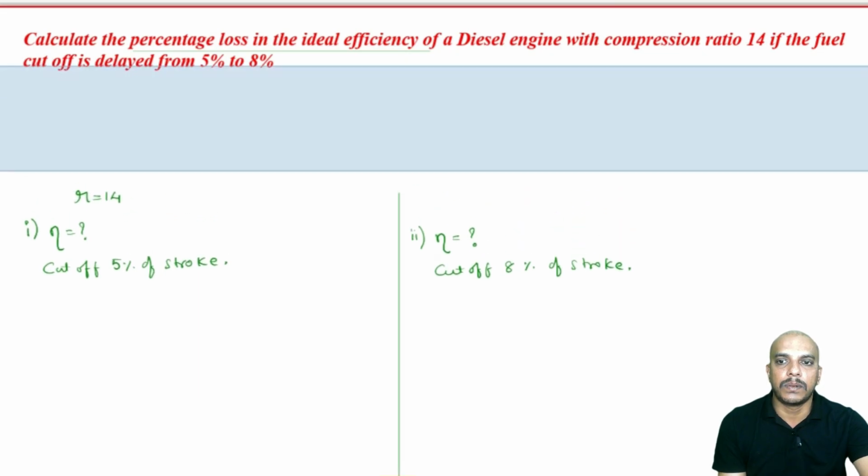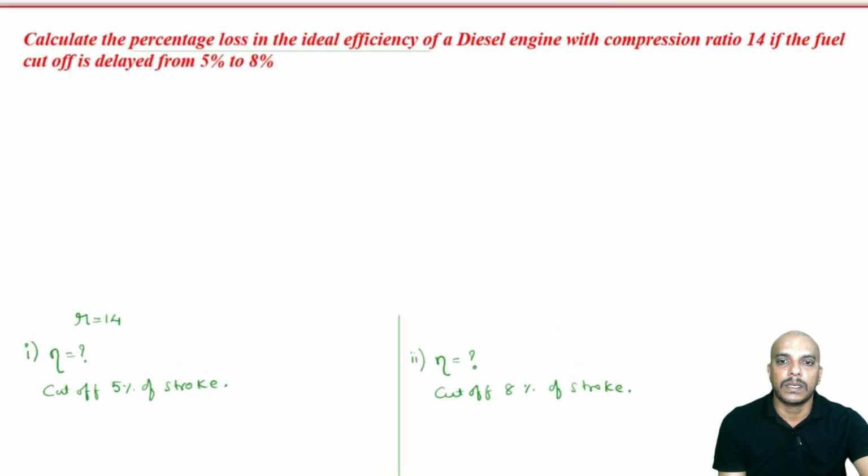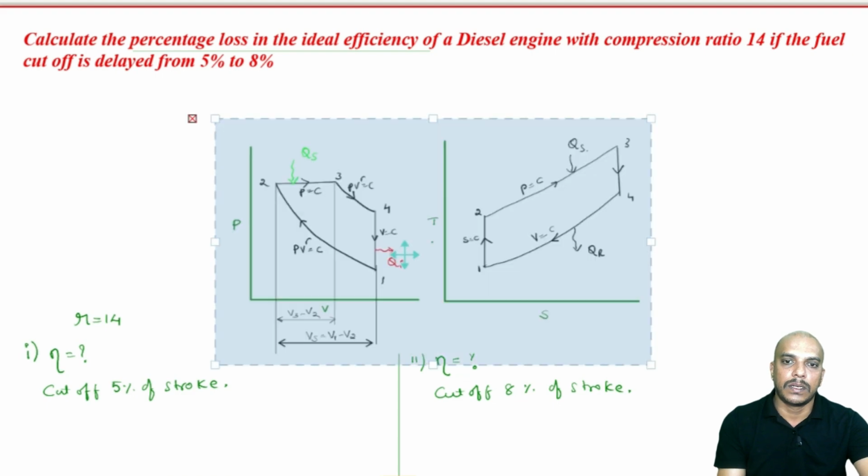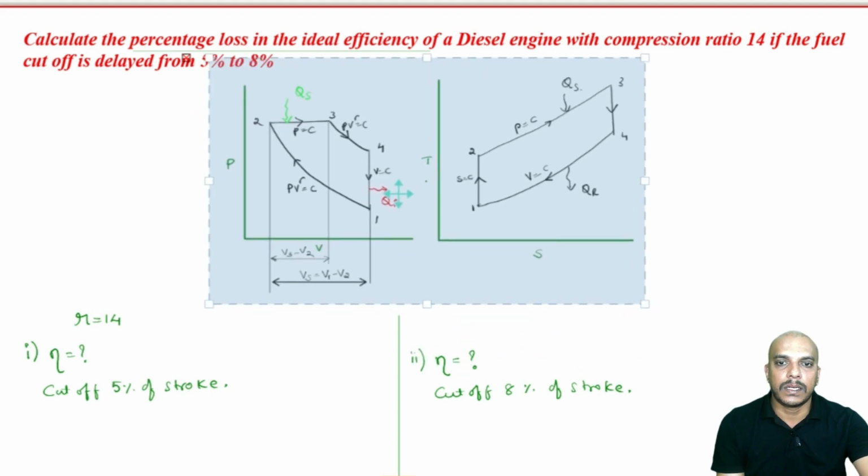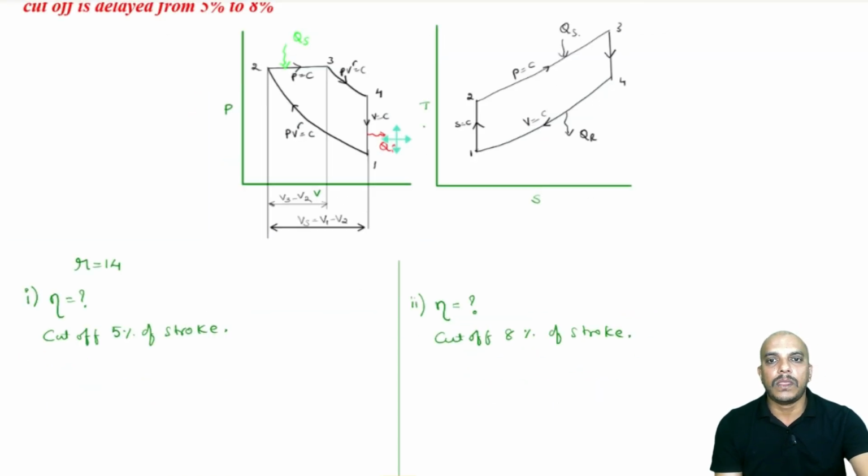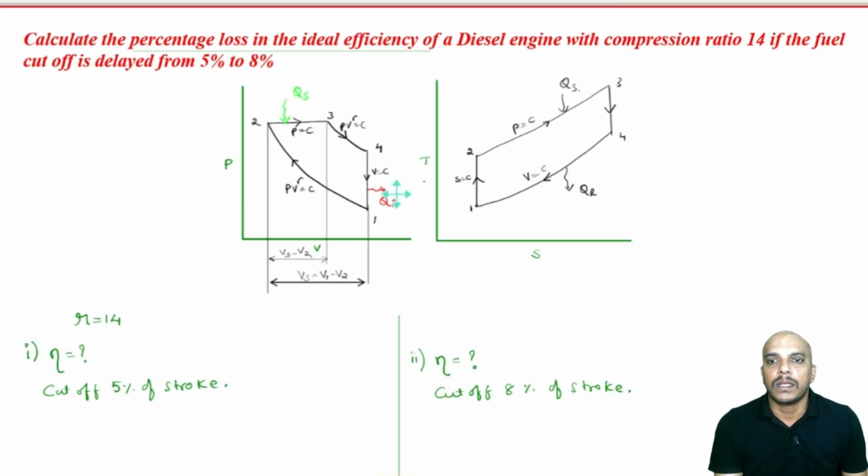So, let us start with PV and TS diagram, which we write for diesel cycle or diesel engine. All right. So, this is the PV and TS diagram for diesel cycle. Now, we know that cutoff is 5% of the stroke. Now, what do we mean by cutoff is 5% of the stroke? That is V3 minus V2 is 5% of V1 minus V2.